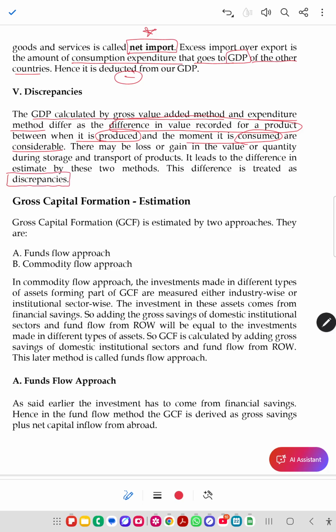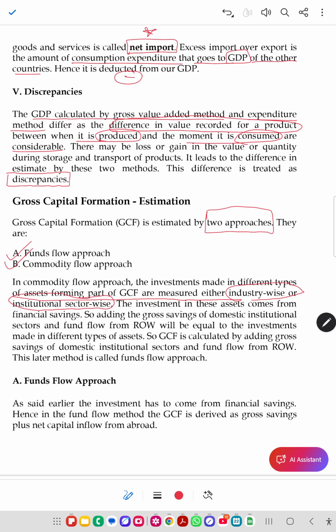Gross capital formation estimation. Gross capital formation is estimated by two approaches. These are the funds flow approach and the commodity flow approach. In the commodity flow approach, the investments made in different types of assets forming part of the gross capital formation are measured either industry wise or institutional sector wise.